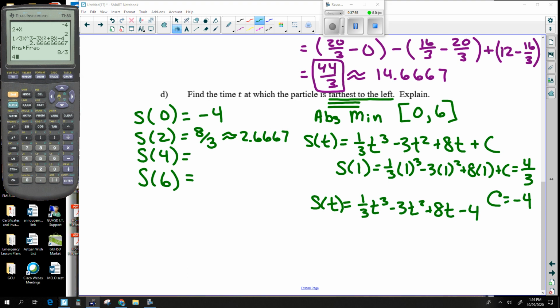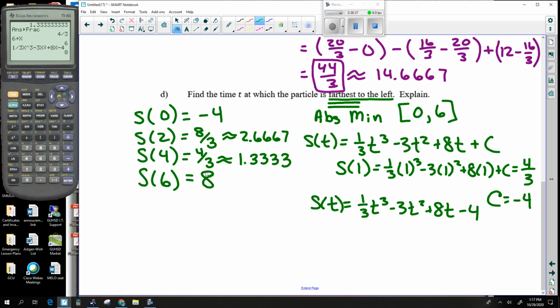Position at 4 is 4/3. Oh, excuse me, 1.3333. And then the position at 6 is 8. So when is it the farthest left?